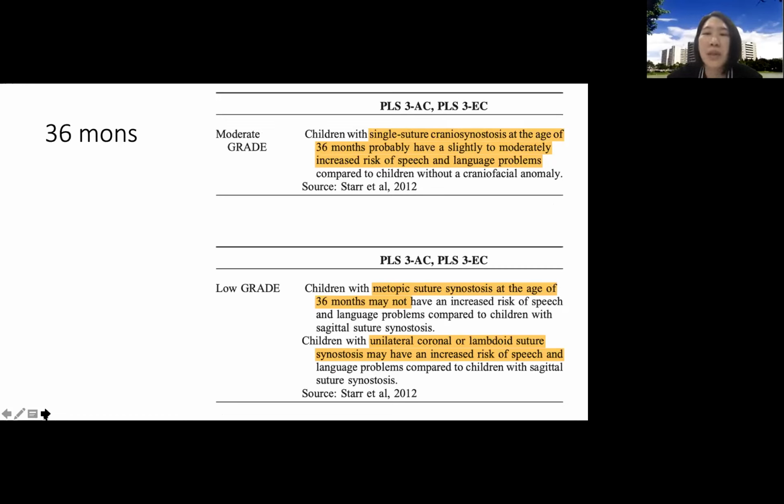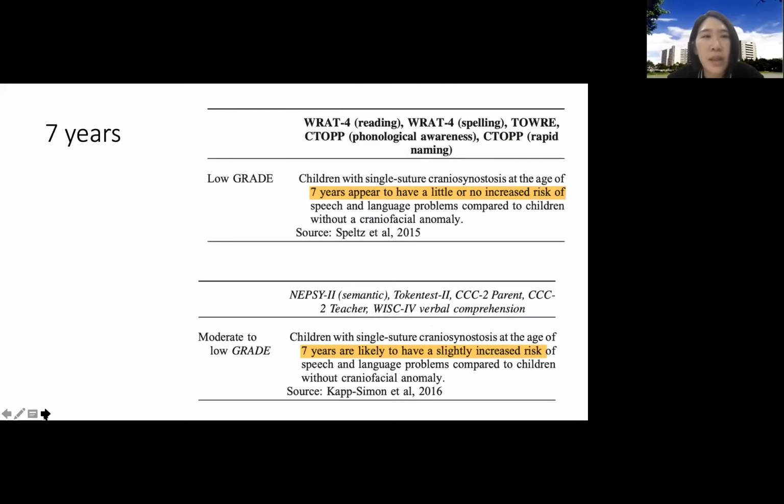Metopic suture synostosis may have an increased risk compared to the children with a sagittal synostosis. And if the children have a unicoronal or lambdoid, they have an increased risk of speech problems compared to the children with sagittal. At the age of 7, they found they have little or no increased risk of speech or language problems.